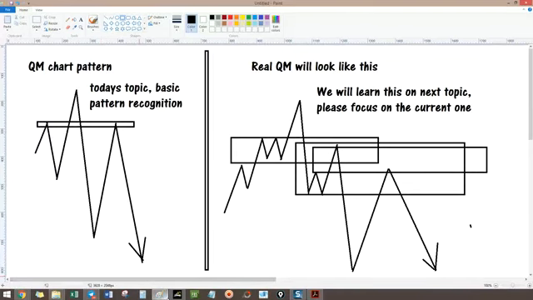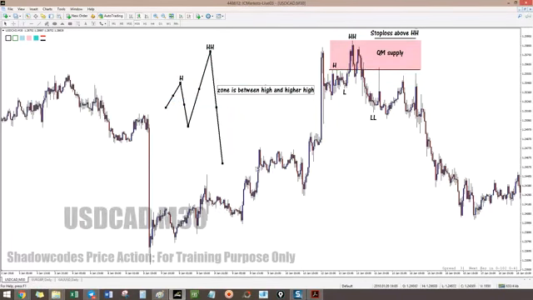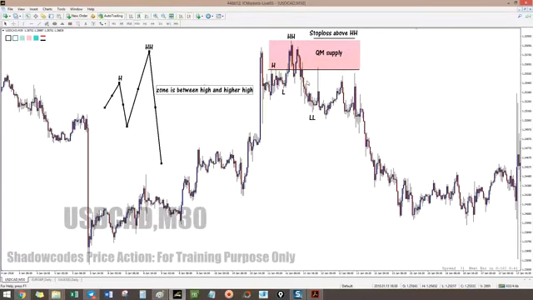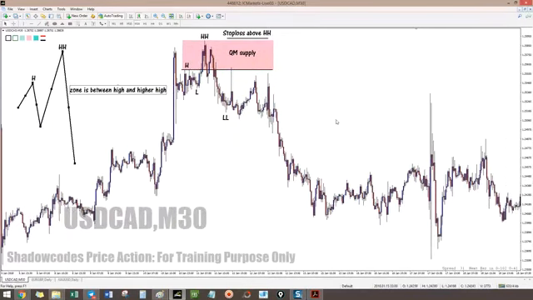So today there are two assignments actually. HNS and QM. Or maybe we just need to do QM first or HNS. I think we go with HNS and QM because sometimes we have a buy or a sell.